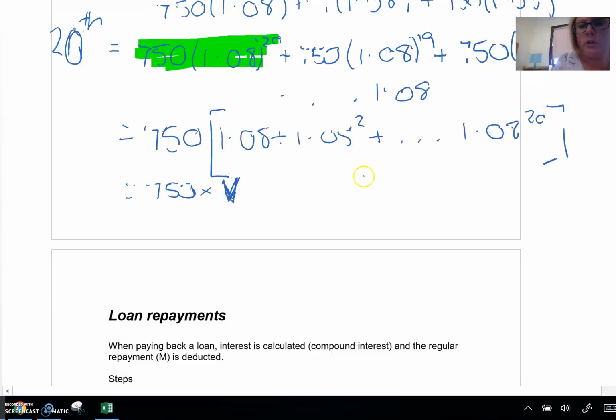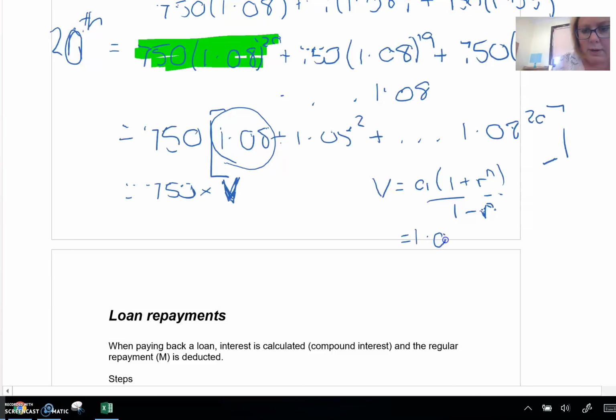It's the sum of a GP, which is A, 1 plus R on 1 minus R. What is A? 1.08. What does it go up by? Each time it goes up by 1.08. How many times? 20 times, 1 minus 1.08.